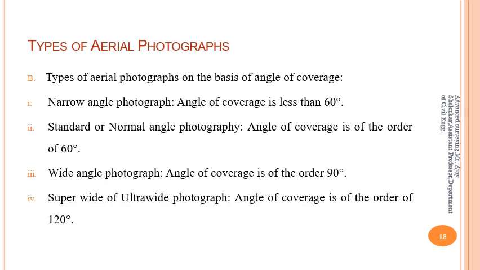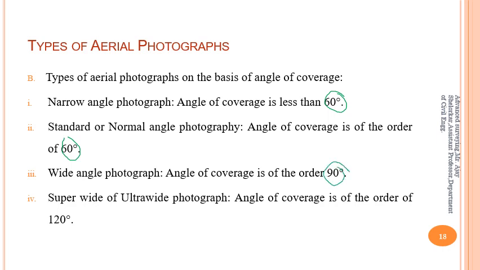Now, types of aerial photographs on the basis of angle of coverage. Narrow angle photographs: angle of coverage is less than 60 degrees. Standard or normal angle photographs: angle of coverage is of the order of 60 degrees. Wide angle photographs: angle of coverage is of the order of 90 degrees.